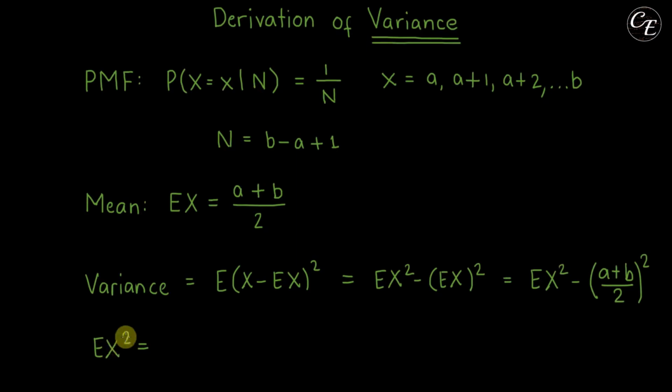For this expectation of x squared, in general for a discrete random variable, it is equal to summation of x squared times its probability mass function or PMF, which in this case is 1 over n.